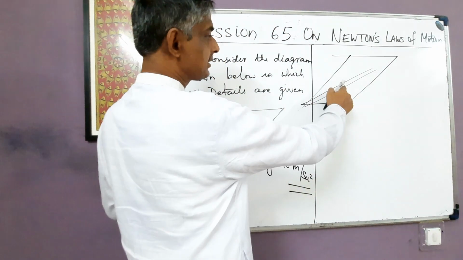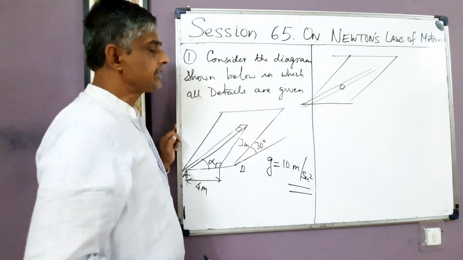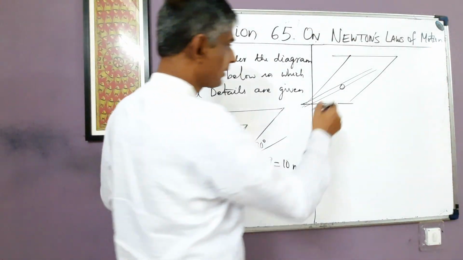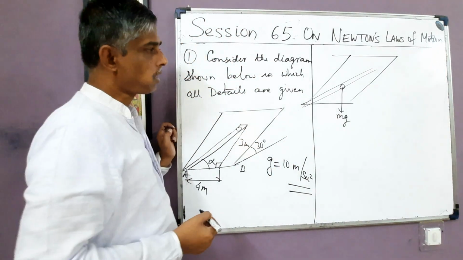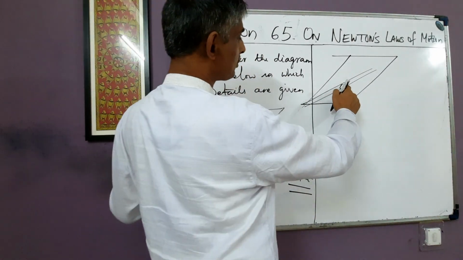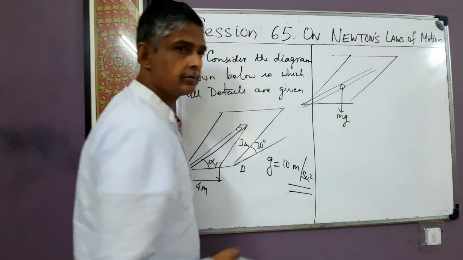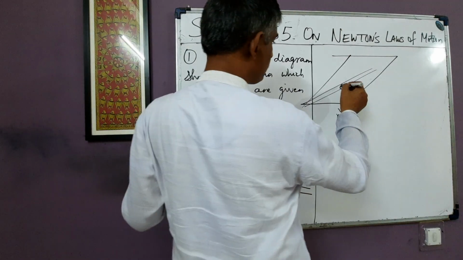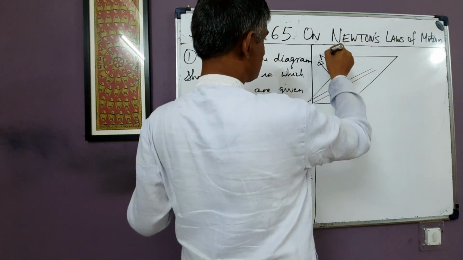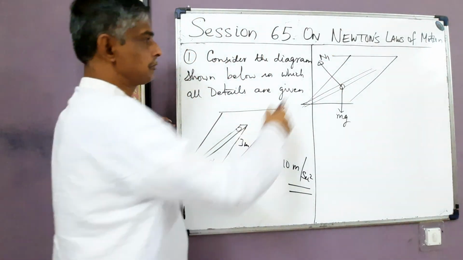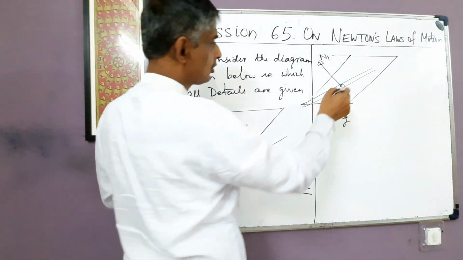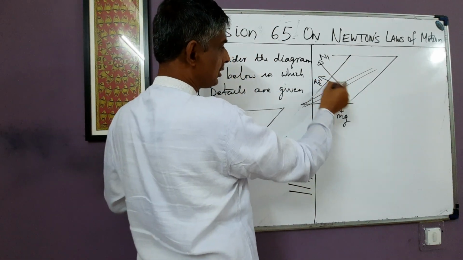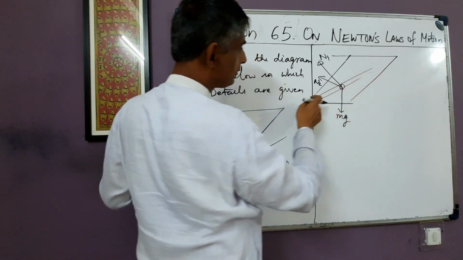At some instant, particle has come here. At that instant, I draw its free body. See, there is one weight mg. m is the mass of the particle. Now, there will be two normal forces acting on this particle due to the groove. First normal force will be N1, which will be perpendicular to this plane of motion. And there will be another normal force, N2, which will be normal to this wall of the groove.